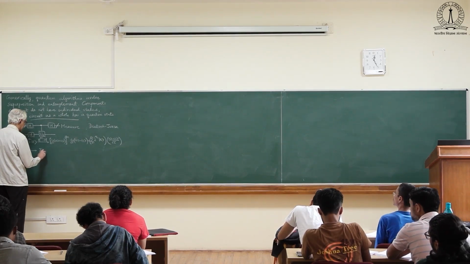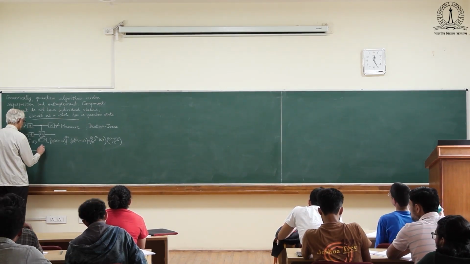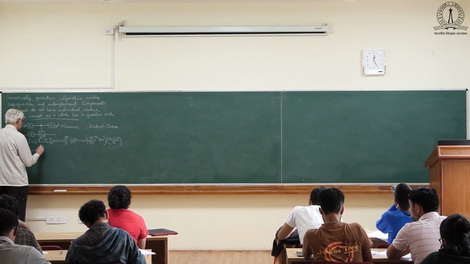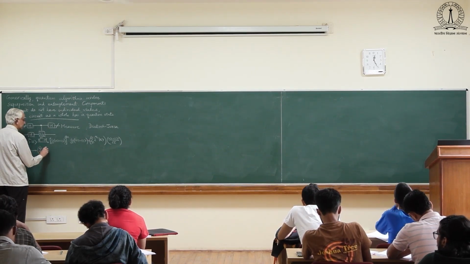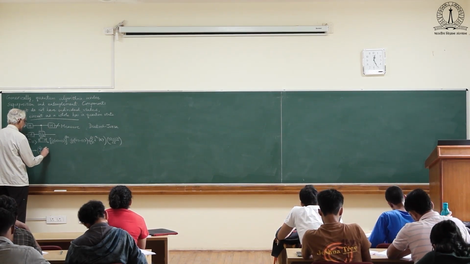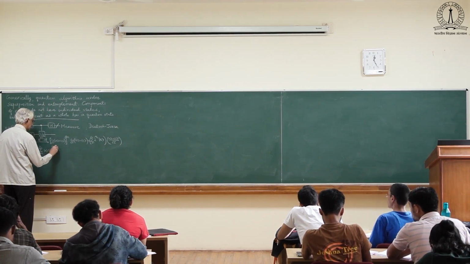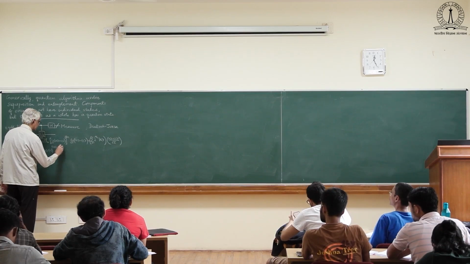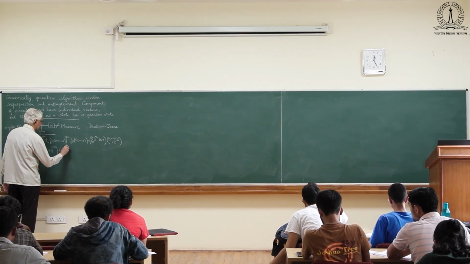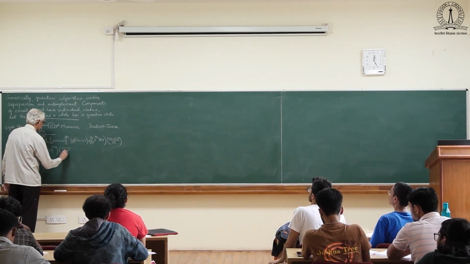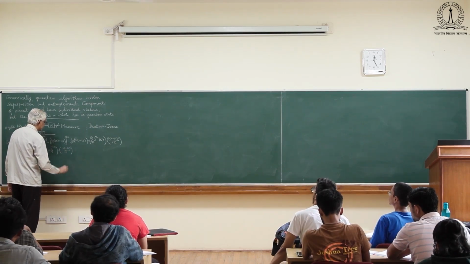state which is the sum over x equal to 0 to 2 raised to n minus 1. There is x, then there is minus 1 raised to f of x, and this will remain factored out unchanged. Okay.